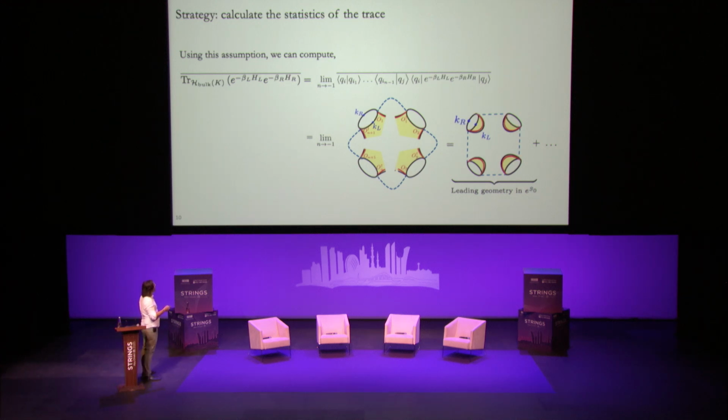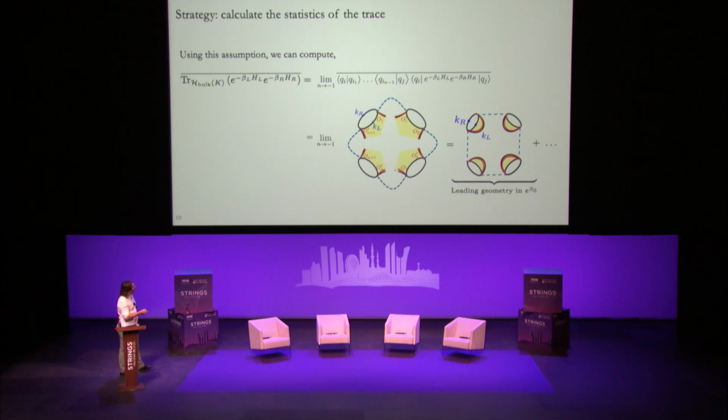Here, the blue dotted lines represent contractions between the different possible indices of the operators that appeared on these wormhole geometries. In addition to that, we need to insert the operators k left and k right, which were e to the minus beta left h left and e to the minus beta right h right, on some boundary. This specifies a set of boundary conditions that we can now fill in. We want to see what all the possible gravitational solutions that satisfy these boundary conditions are.